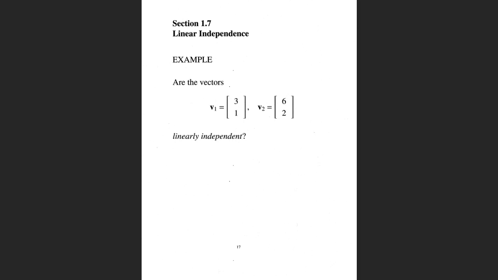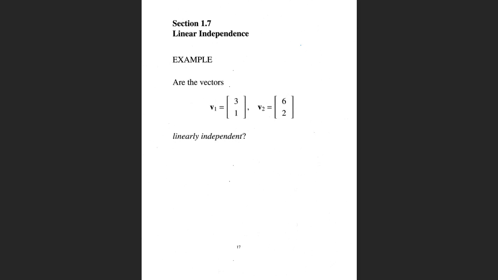Okay, so we have here two vectors, a vector v1, which has coordinates 3, 1, and vector v2, which has components 6, 2.